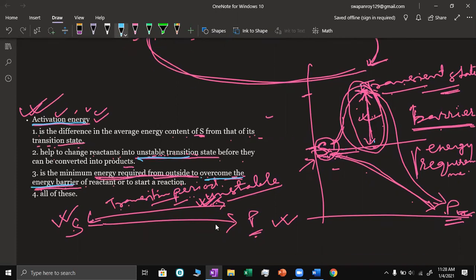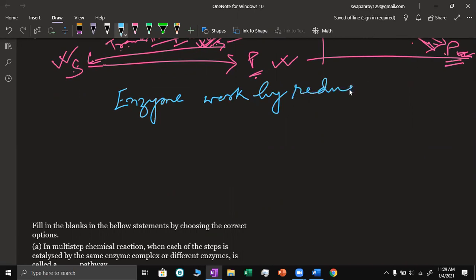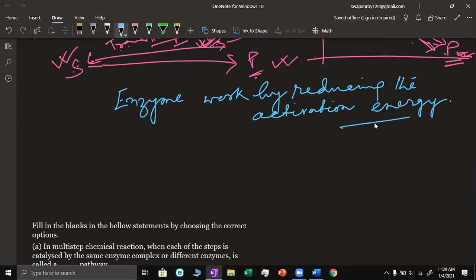So we usually say that enzymes work by reducing the activation energy.